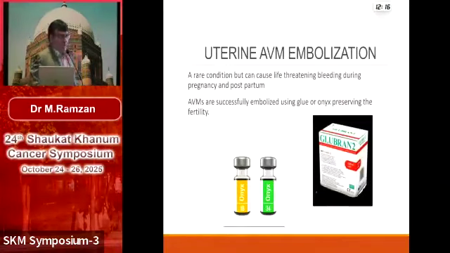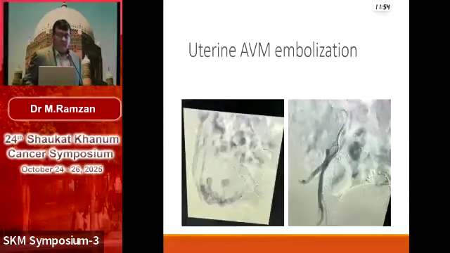AVM is another thing we come across, and patients can present in pregnancy either with bleeding or postpartum bleeding, and this can be a very disastrous bleeding. So we can embolize and preserve the fertility of the patient. I normally use glue in these patients, but we can use Onyx. Onyx is this, but it's very expensive. So this is a very typical example.